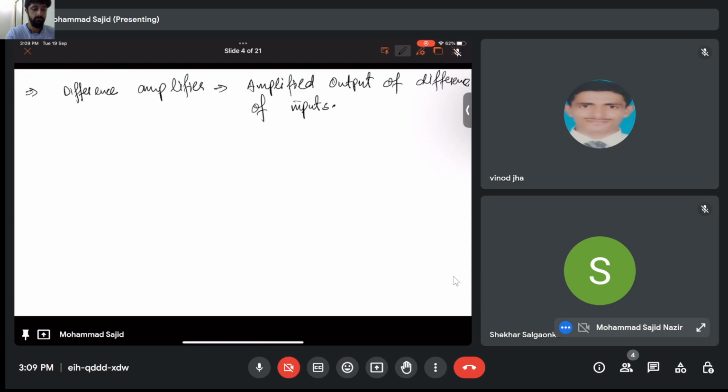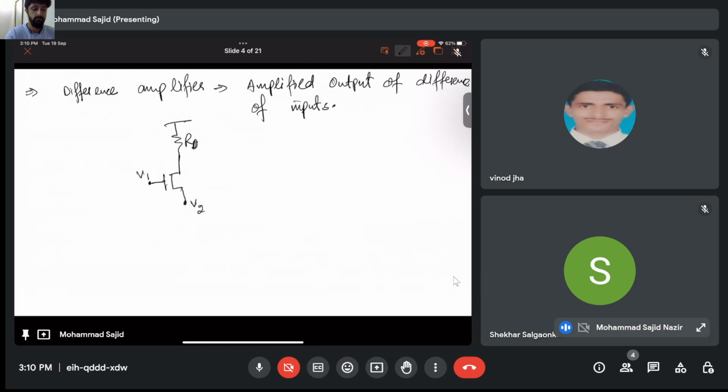Let's say I have this MOSFET, this is Rout, this is RD, this is the V1 voltage, and this is the V2 voltage.